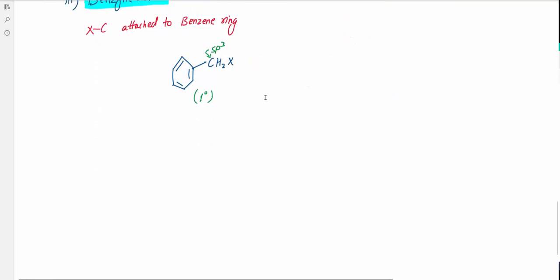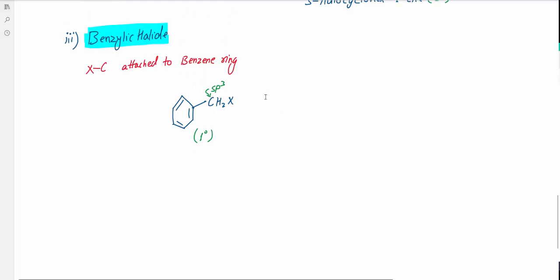There is a fourth category in this as well, and that category is called propargyl halide.